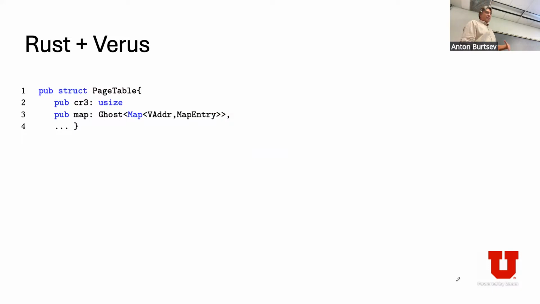So roughly speaking, there is this tool chain, which is Verus, which is an SMT-based verifier for Rust, which allows you to write Rust code like a page table, and it allows you to mix in what are called proof variables or ghost variables. And this ghost variable is a map from virtual addresses to roughly speaking physical addresses, but physical addresses without permissions, right? So it's kind of like a page table.